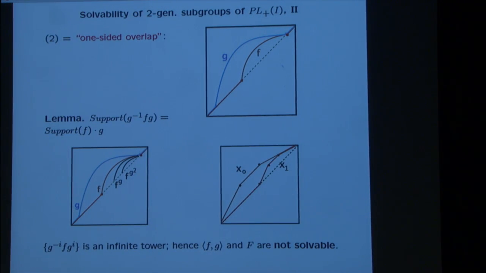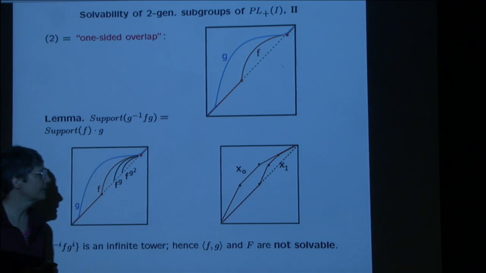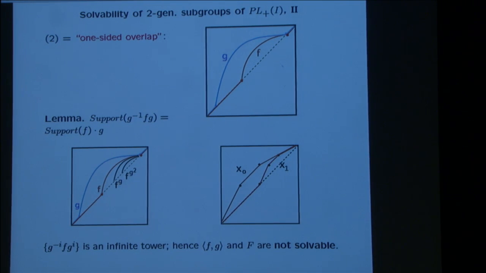Okay, option number 2 is I've got a one-sided overlap. Now this is exactly the picture I was talking about a few minutes ago, right? These are the two generators of Thompson's group, and they have exactly this kind of one-sided overlap.